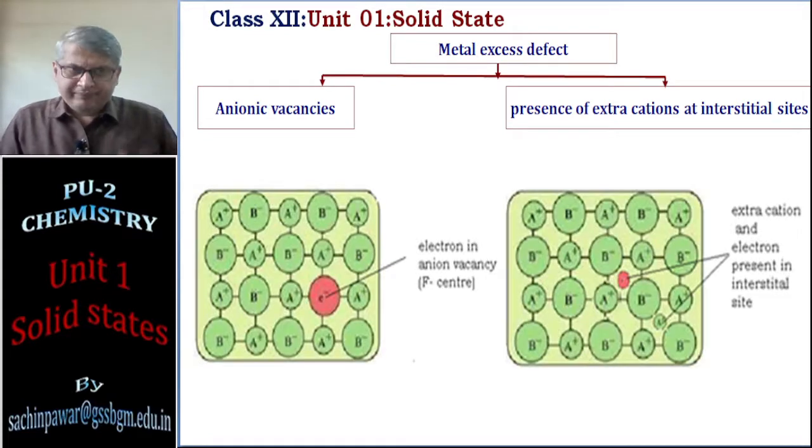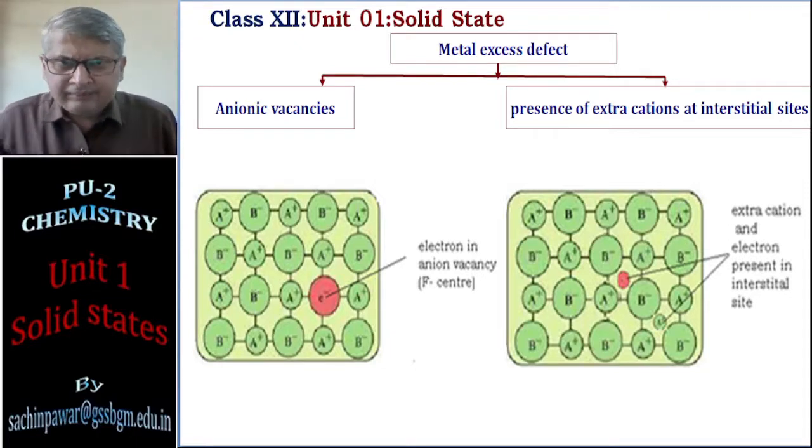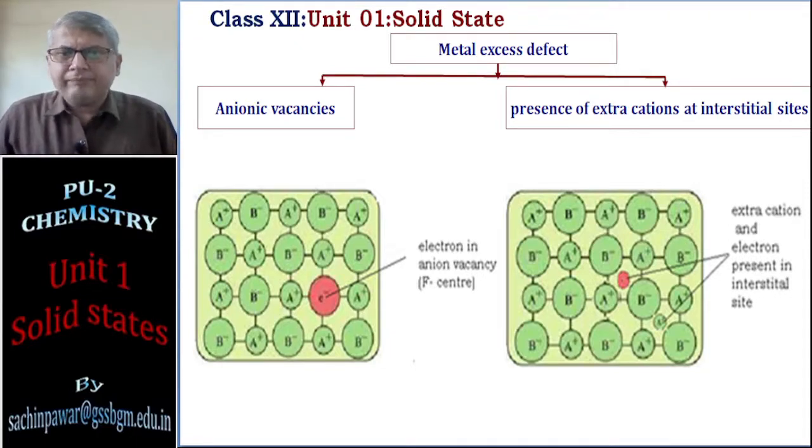Let's see the example here. I have taken a crystal AB, which has A plus and B minus ions. This is a cation and this is an anion. If you just see this structure, 1, 2, 3, 4, 5, 6, 7, 8, 9, 10 cations are there, and 1, 2, 3, 4, 5, 6, 7, 8, 9 anions are there.